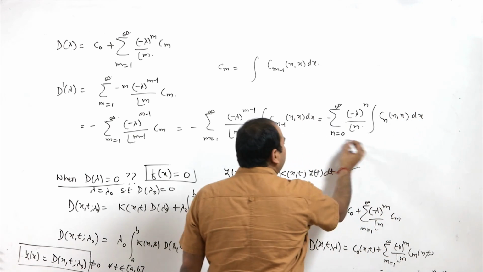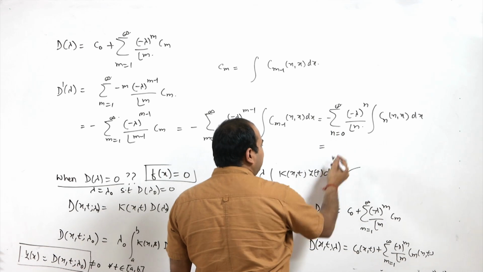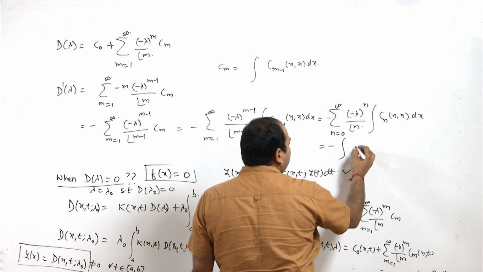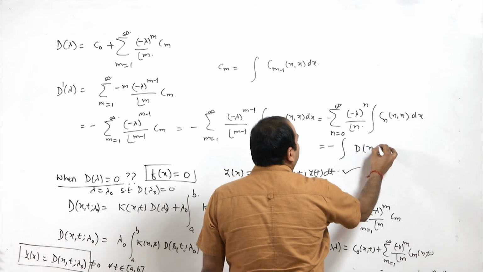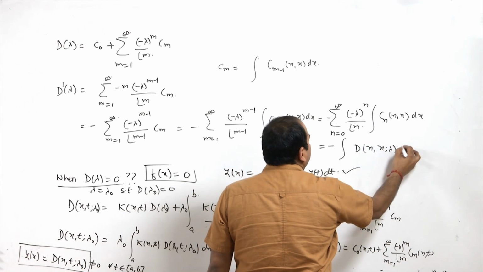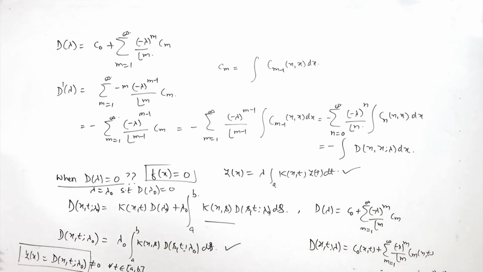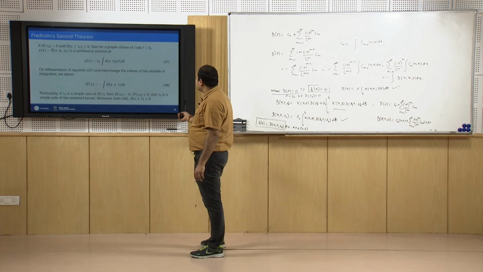Now this infinite series is uniformly convergent, so we can interchange the integral sign and write minus integral of, and if you take the sum inside, it is nothing but D of x comma x, lambda d x. So it means that D dash lambda is related to D x x lambda by this equation number 48.